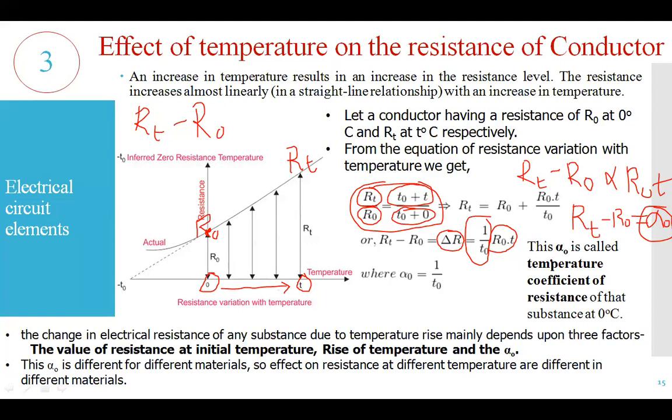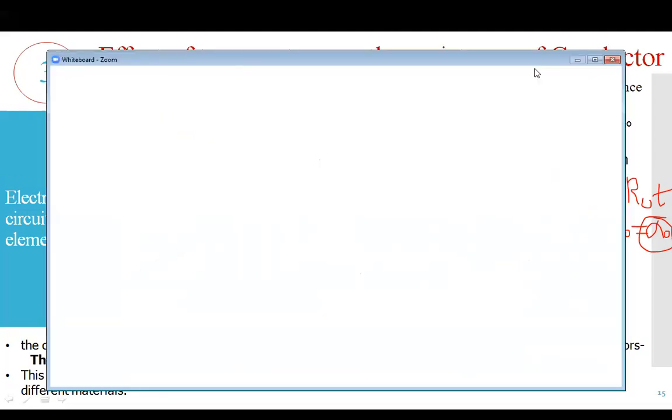So when you rewrite this equation, just a minute, I will use a blank screen over here. When you have a final temperature of RT and you identify the change in the resistance value, you write it in terms of alpha 0 R0 into T. If we rewrite this equation, yes Raj, you can rejoin the session.